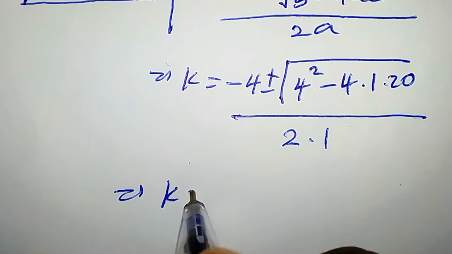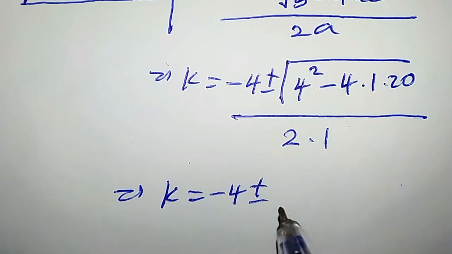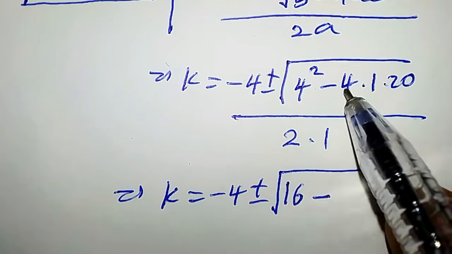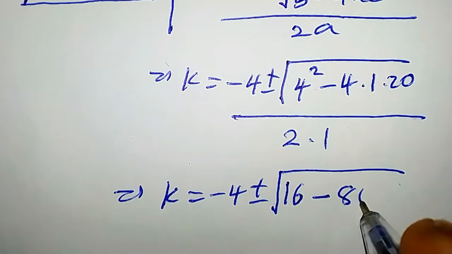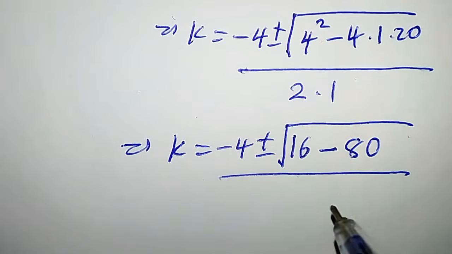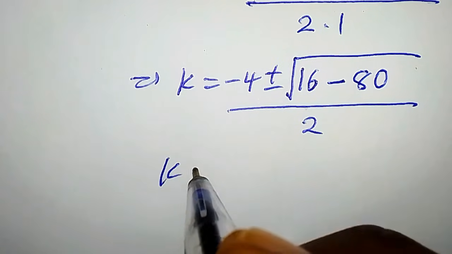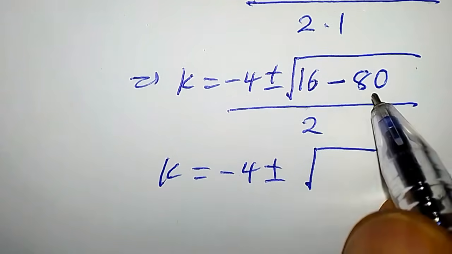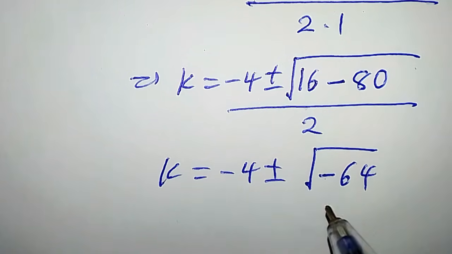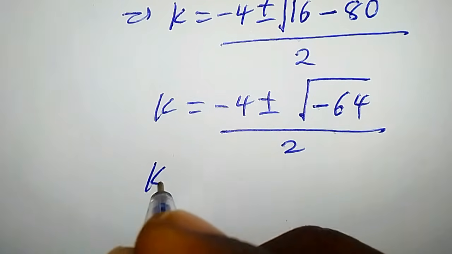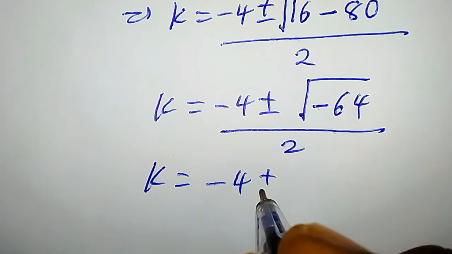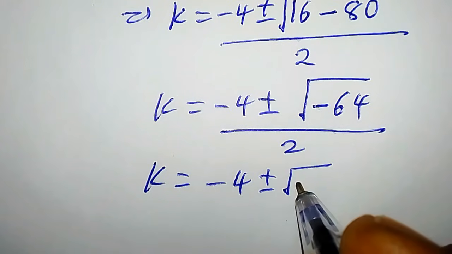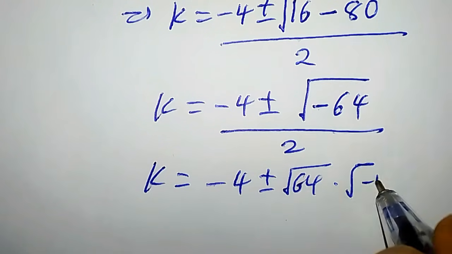This means that K is equal to minus 4 plus or minus square root of 4 square, which is 16, minus 4 times 1 times 20, that is 80, divided by 2 times 1, that is simply 2. So K equal to minus 4 plus or minus square root of 16 minus 80, that is negative 64, divided by 2. We can rewrite square root of minus 64 as square root of 64 times square root of negative 1.